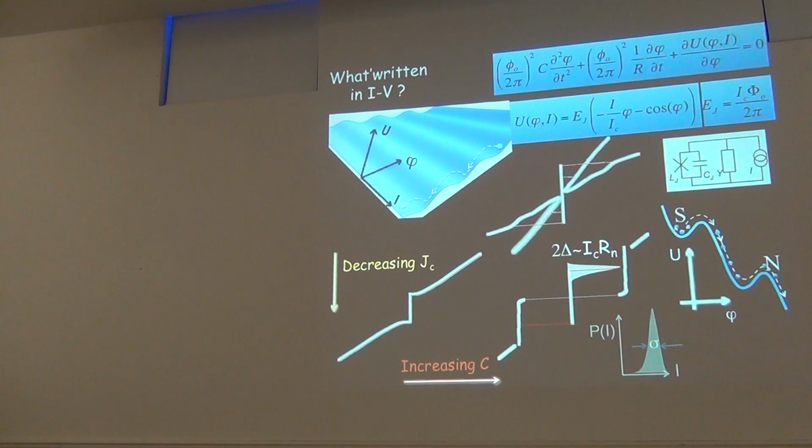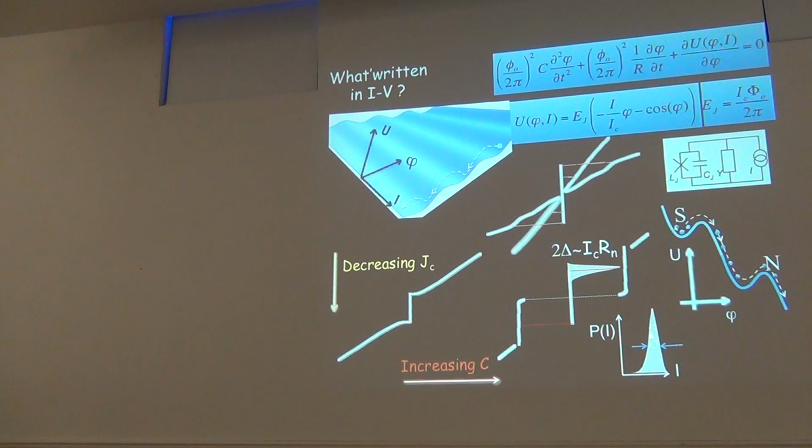What is extremely important for what we're going to develop soon is the way this switching happens. This is a stochastic process, so it's not deterministic. And here enters really the behavior of the junction, and it can tell us a lot of things about fluctuations and macroscopic quantum tunneling effects. So we'll study exactly these fluctuations.